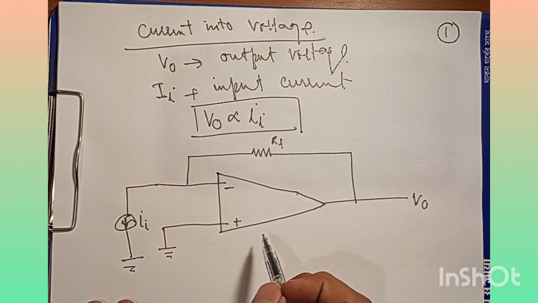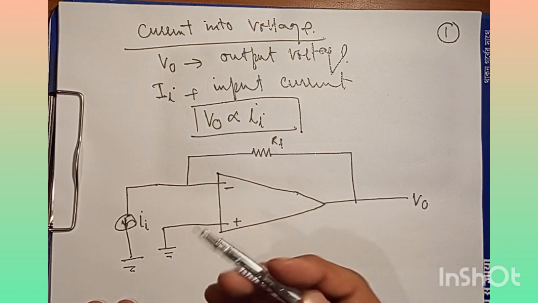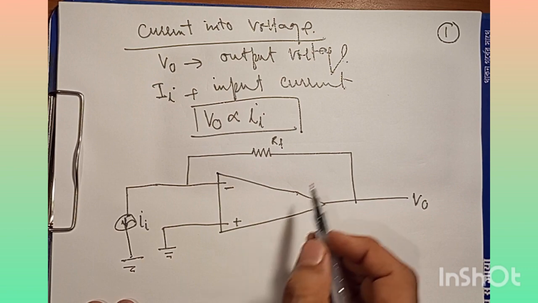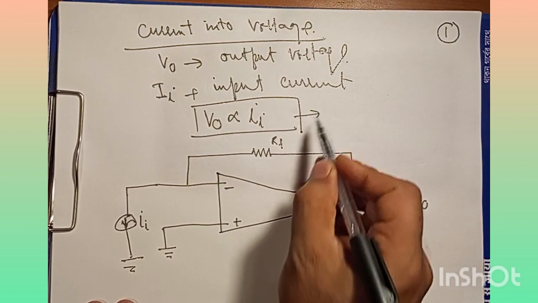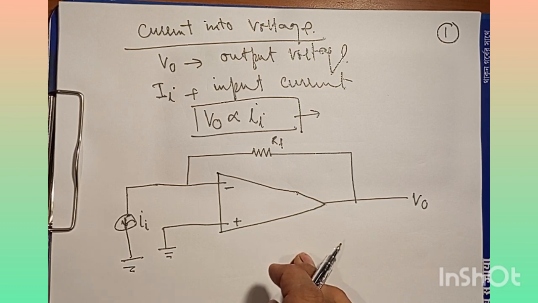The point here is that this is the standard circuit that can be taken as a basis to understand how the output voltage is obtained by converting the input current. So this is the relation that we want to derive from this circuit.